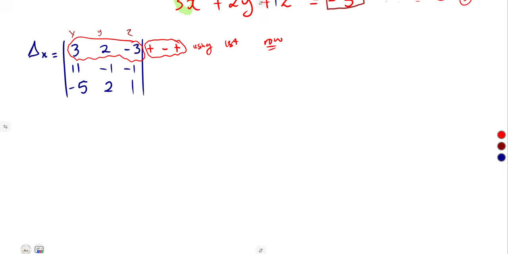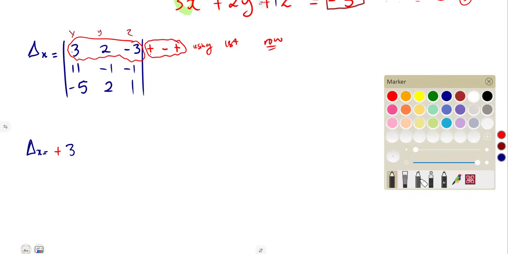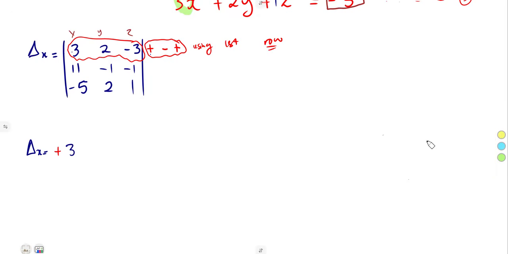All right, so meaning to say our delta x is going to be equal to 3 with its sign, positive. So it's going to be the positive sign first, then the element, which is 3. Remember, guys, sign, element. Then you determine the determinant by closing the row and column where that element is.